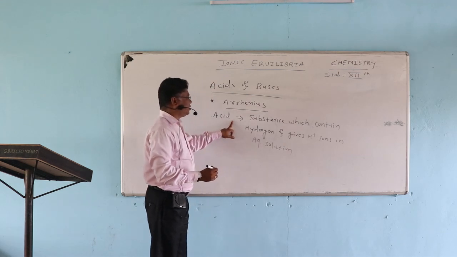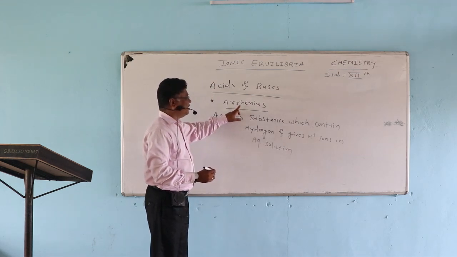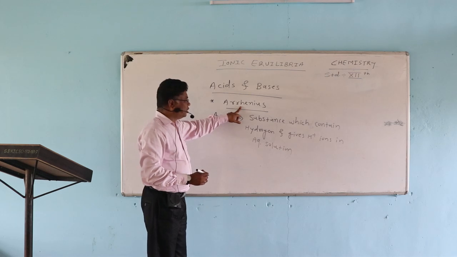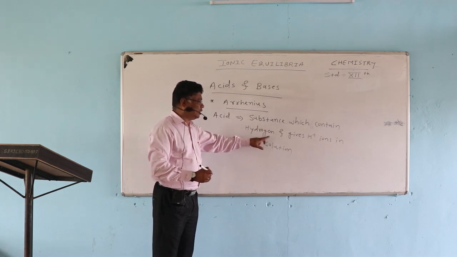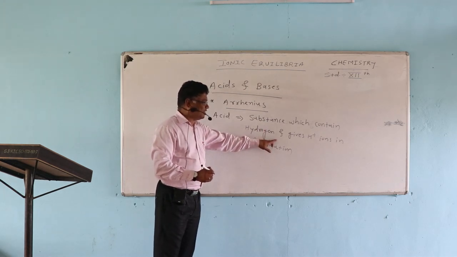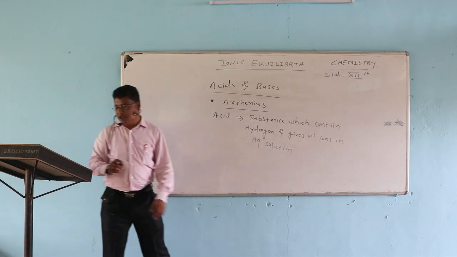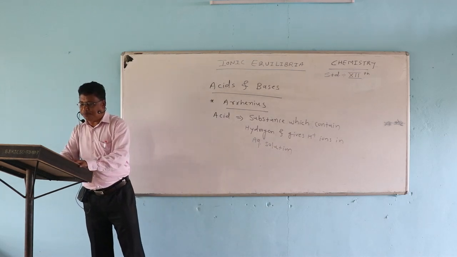That is called an acid by scientist Arrhenius. What is called acid by scientist Arrhenius? Substance which contains hydrogen and gives H plus ions in aqueous solution. That is called as acid.